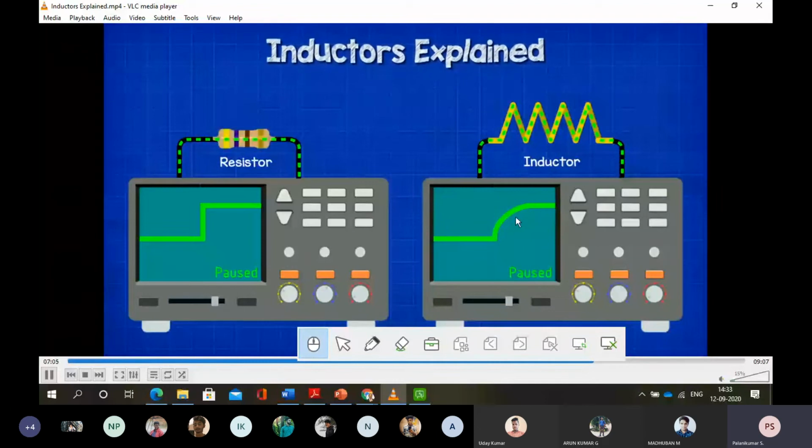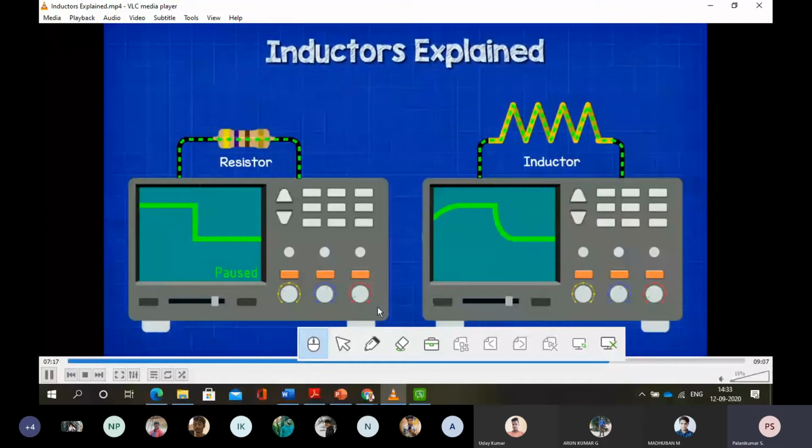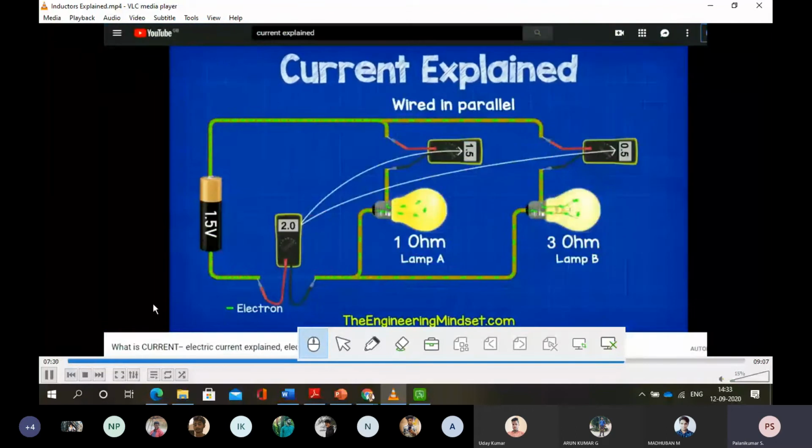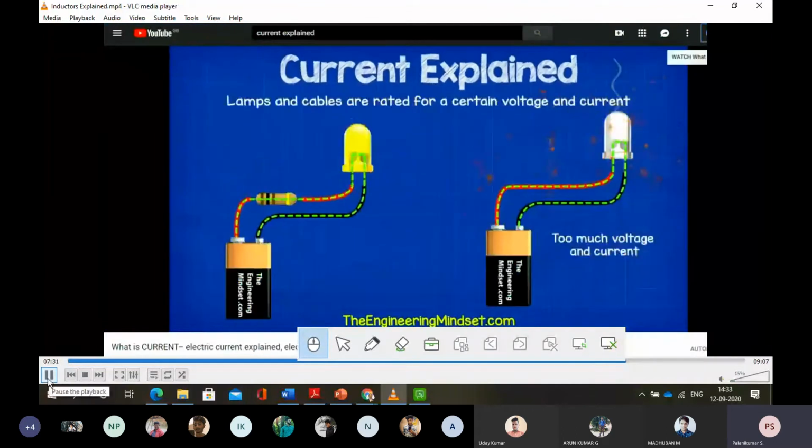That means it initially offers high resistance, and only after that it completely allows the current. In the same way, when I cut off the supply, it does not suddenly come to zero like a resistor; it gradually comes to zero. So you can identify two different characteristics.